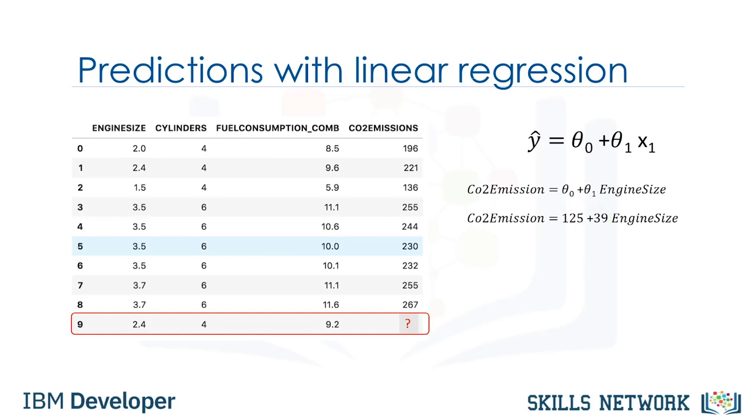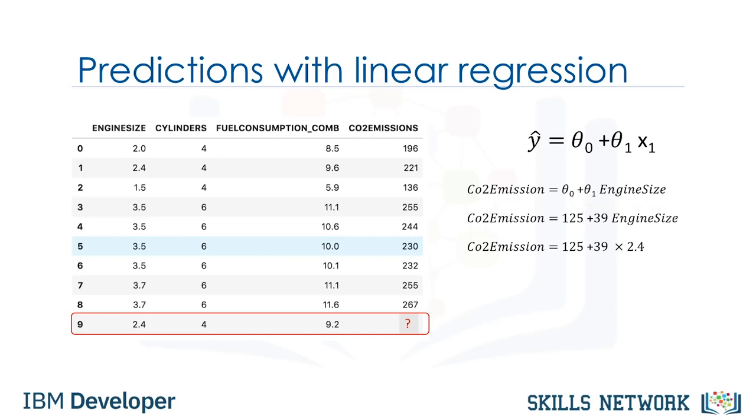Once found, we can plug in the equation of the linear model. For example, let's use theta 0 equals 125 and theta 1 equals 39. So we can rewrite the linear model as CO2 emission equals 125 plus 39 engine size.